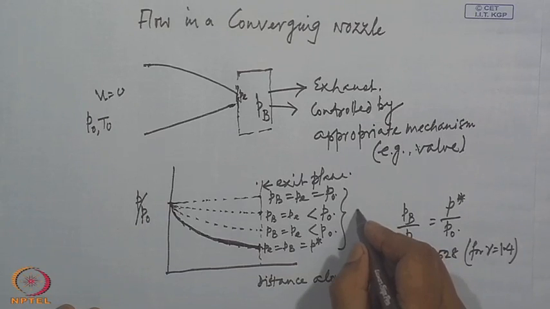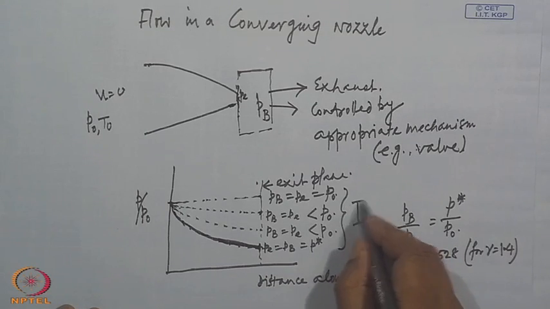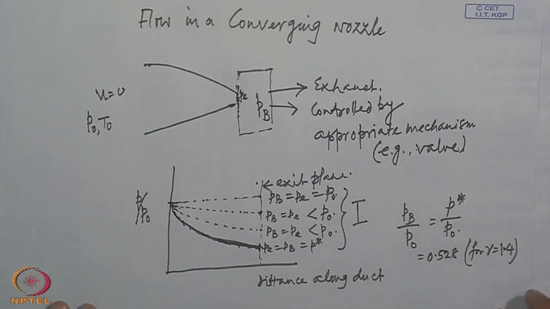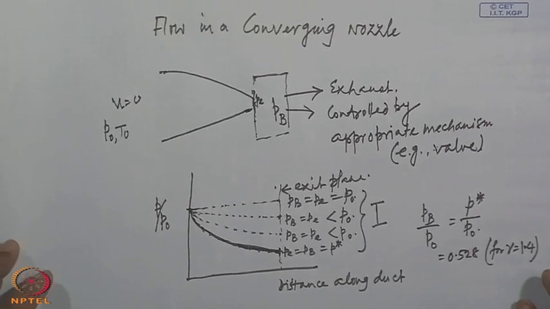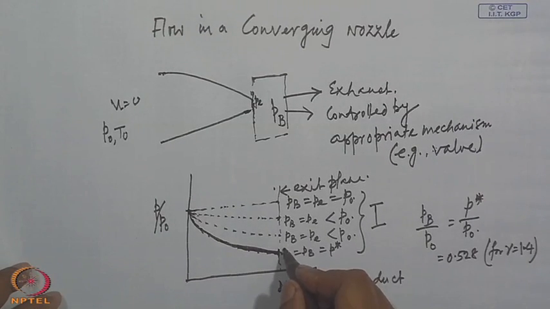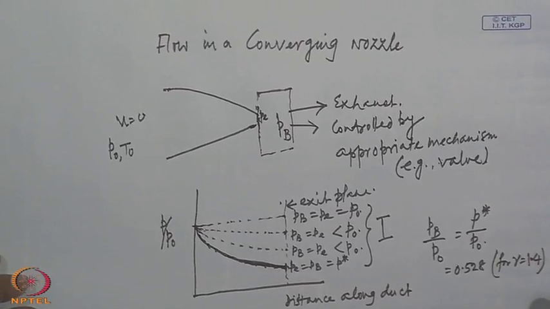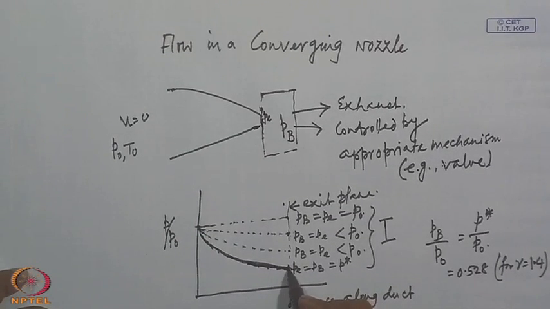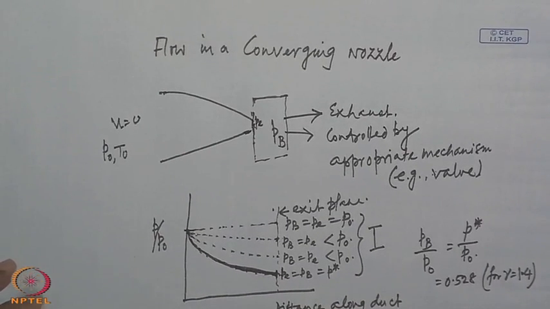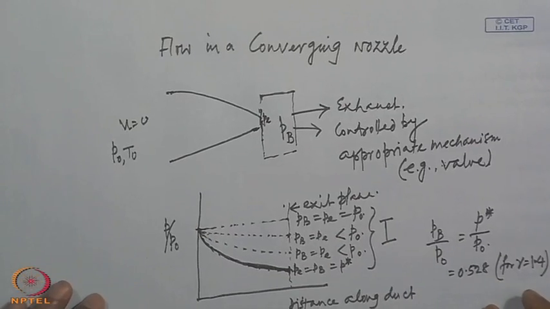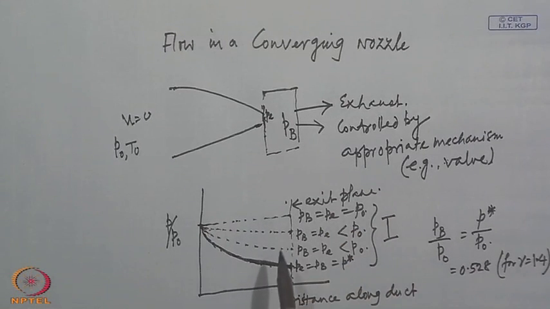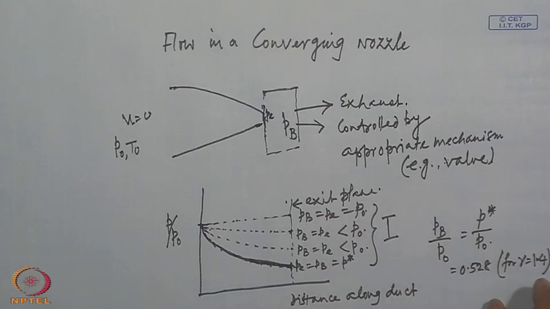Let us call this flow regime 1, where we have seen that the exit pressure cannot be different from the back pressure as long as the flow is subsonic, and once the flow speed at the exit plane becomes sonic, the pressure at the exit plane becomes P star, and a further reduction in back pressure is not going to affect the flow within the nozzle.